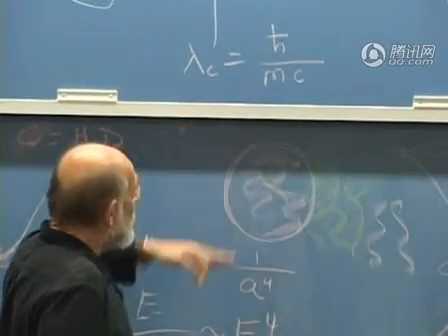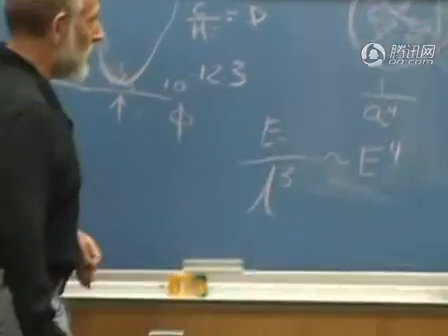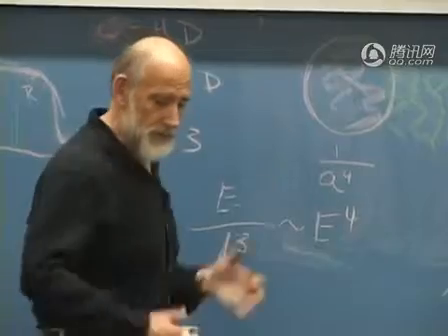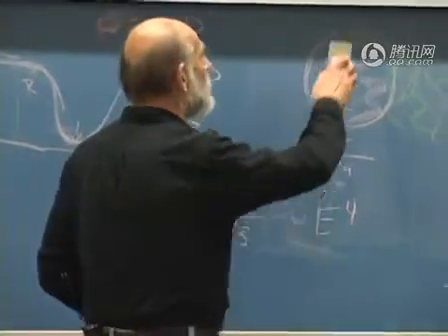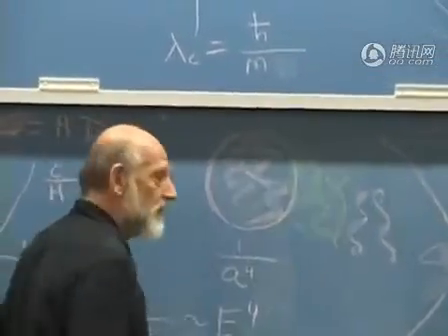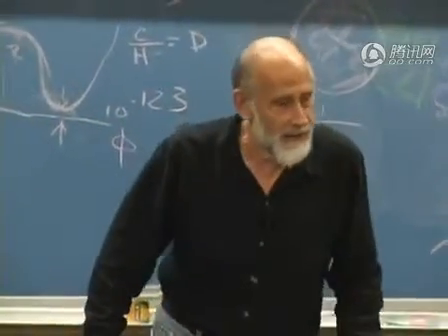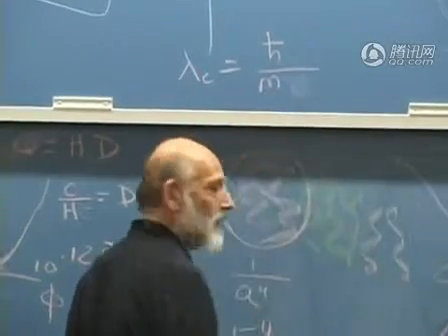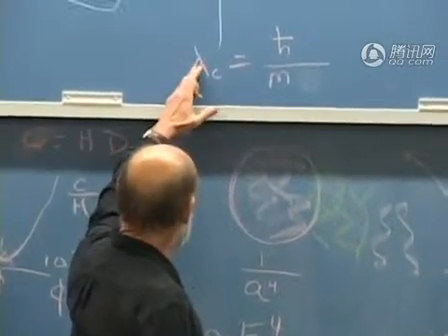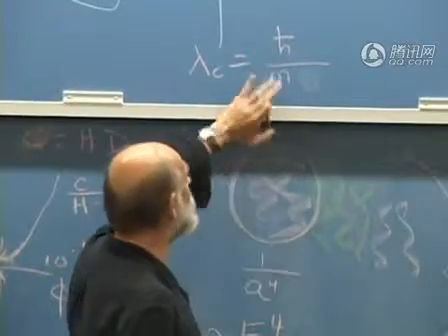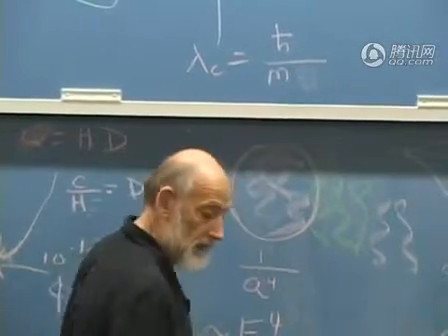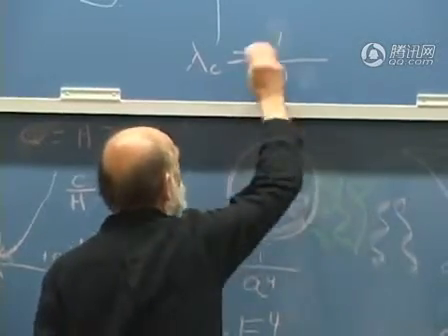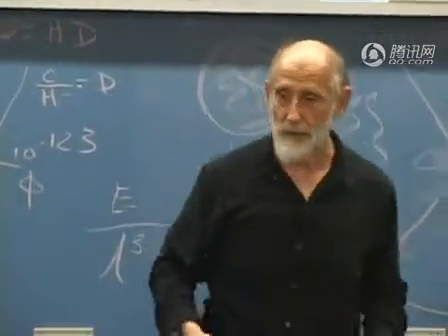Now, if we work in units in which c is 1, which we've all gotten very used to by now, and if we were also quantum mechanically inclined, we might also set h bar equal to 1. We don't have to. We can just say that lambda is inverse to a mass. But if we do set h bar equal to 1, which is a common thing to do, then wavelength has units of 1 over mass. So length has units of 1 over mass. Mass has units of 1 over length.